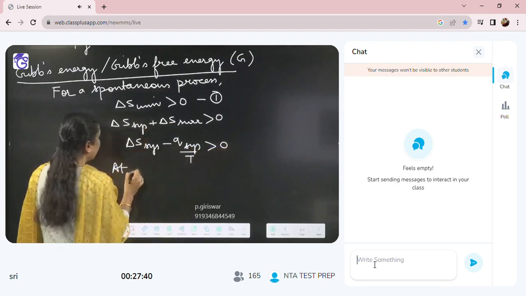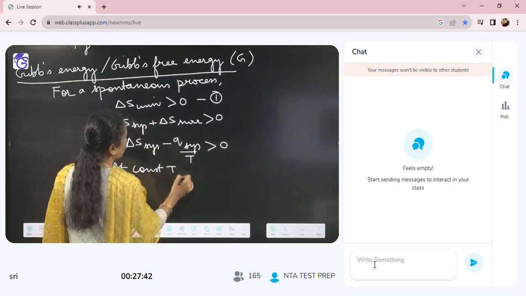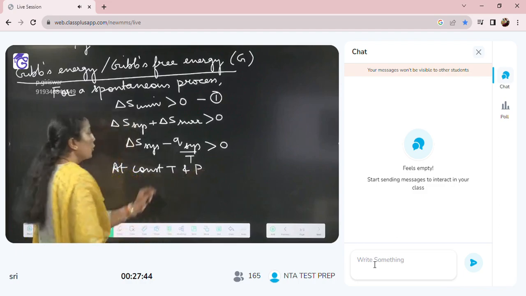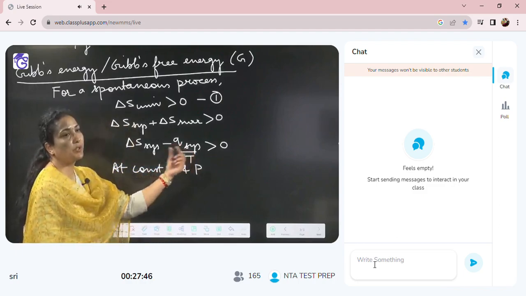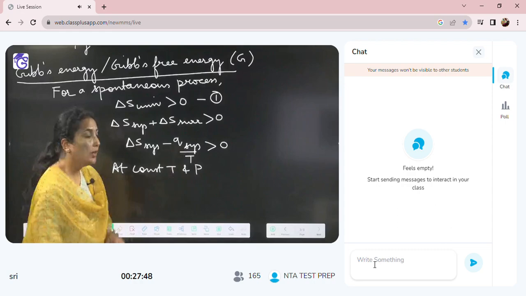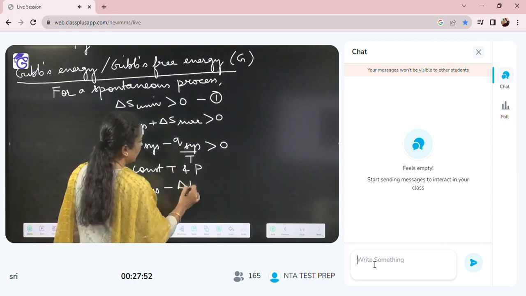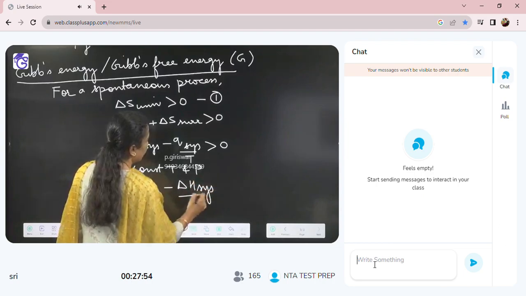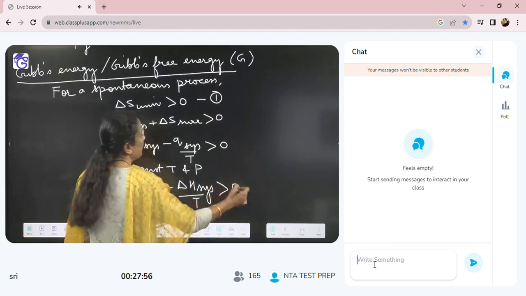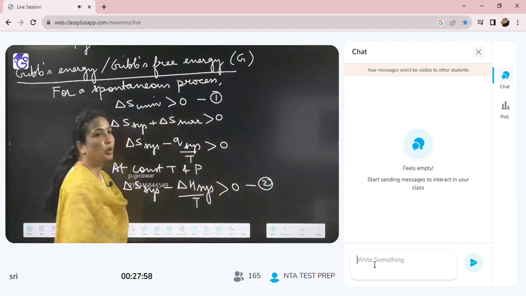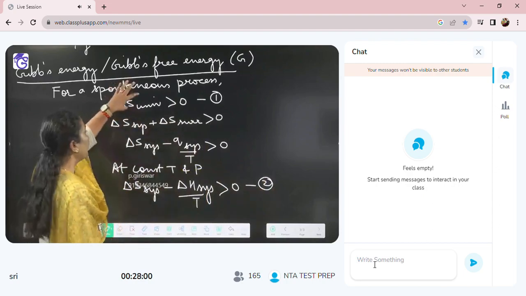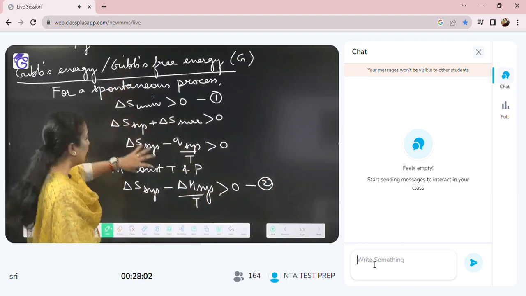Now let us say I am applying the condition that at constant temperature and pressure, so heat exchange at constant pressure will be actually what? Delta H. So I'll be able to write this as delta S system minus delta H system upon temperature. This is greater than 0. So let us say this is equation number 2. So are you able to see I have replaced delta S universe only by this particular term?